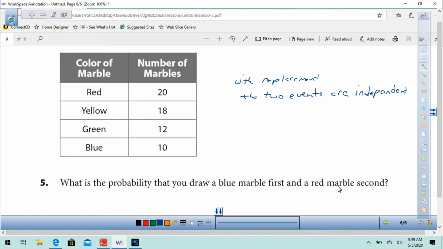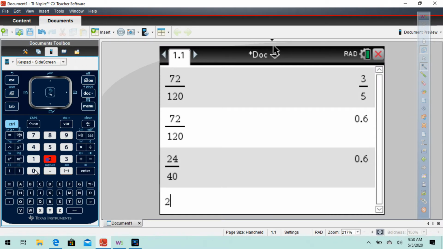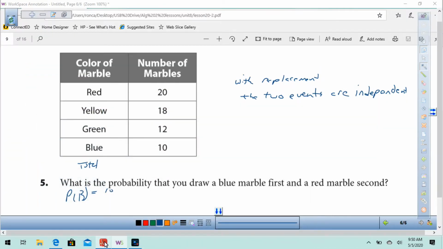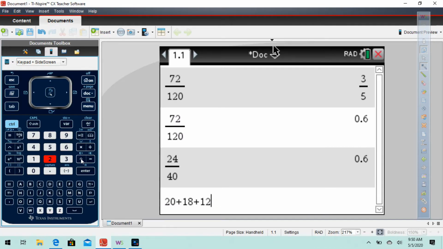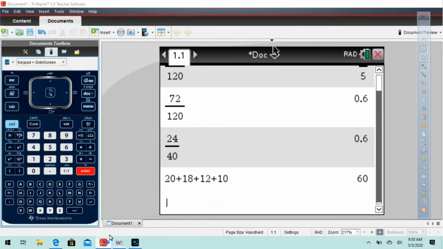So the probability of blue, that's 10. And how many are there total? 20 plus 18 plus 12 plus 10, that's 60.